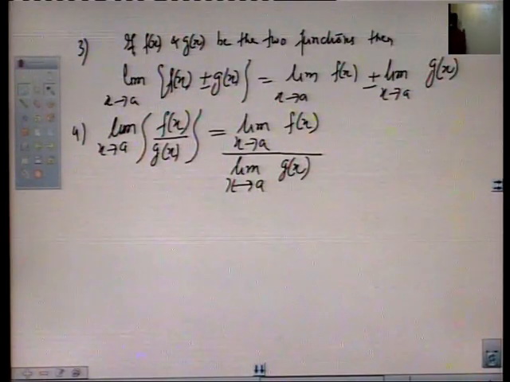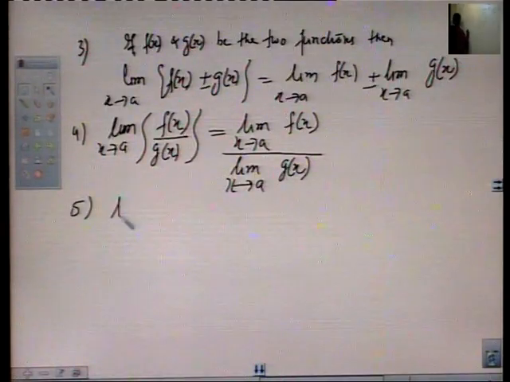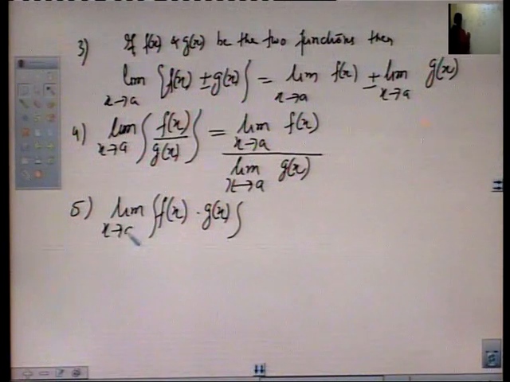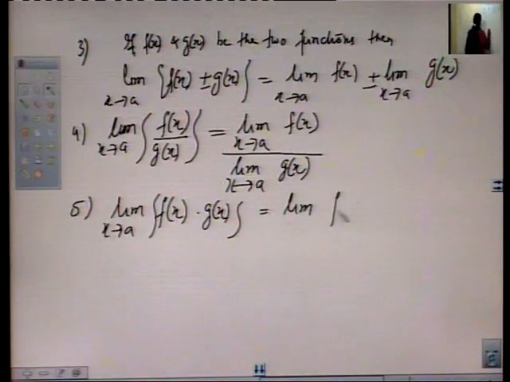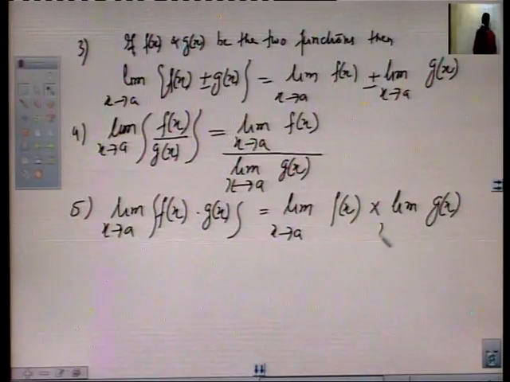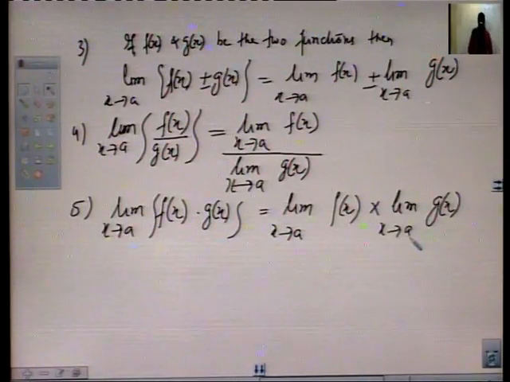Next point is limit of f(x) into g(x) as x approaching to a is equal to limit of f(x), x approaching to a into limit of g(x) as x approaching to a.